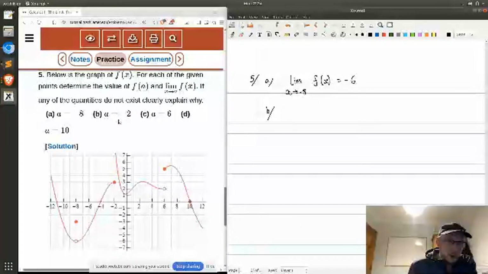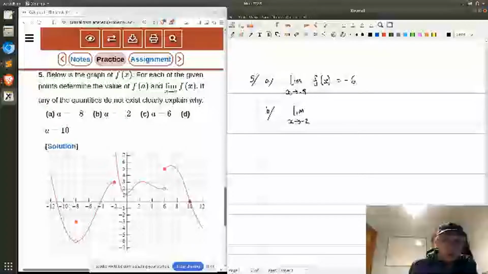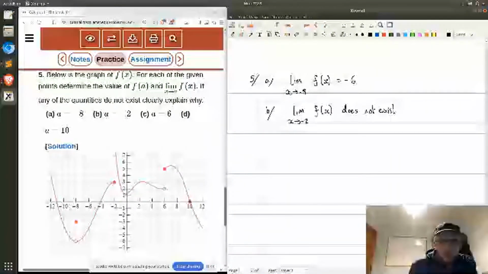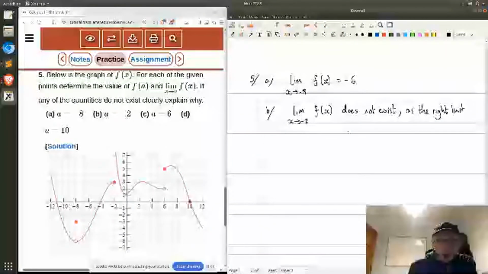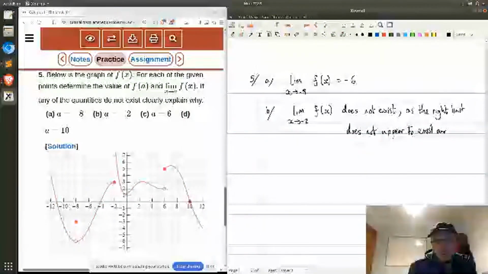Now, a equal to negative 2. The limit as x approaches negative 2 of f of x does not exist, as the right limit does not appear to exist, and both must.